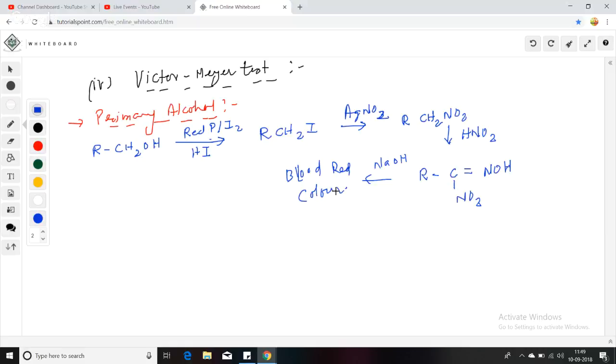Okay, now a similar type of reaction we have in secondary alcohol also, but there is only one change. The compound is nitrolic acid. If you have secondary alcohol, then see how the reaction goes. Copy down this first. See the next for secondary alcohol.